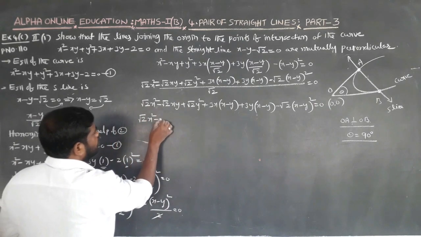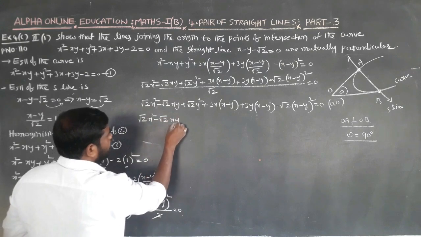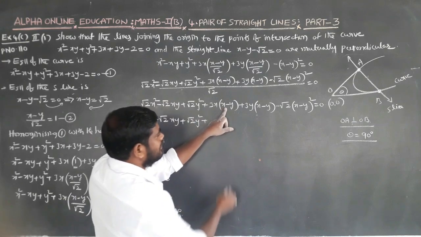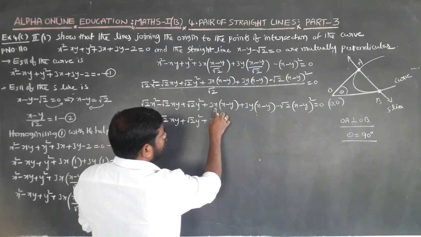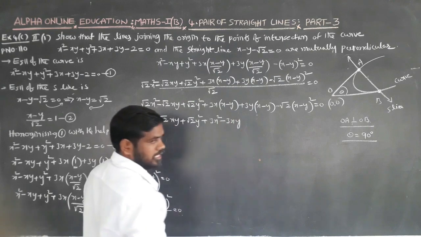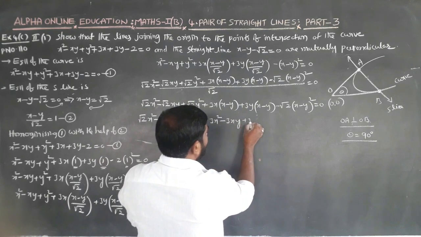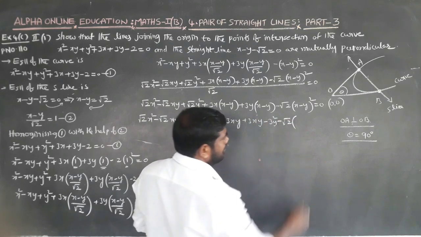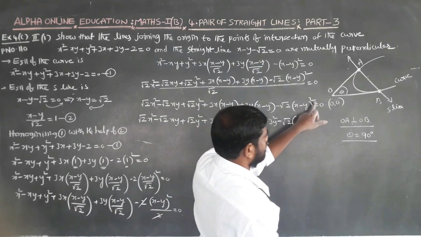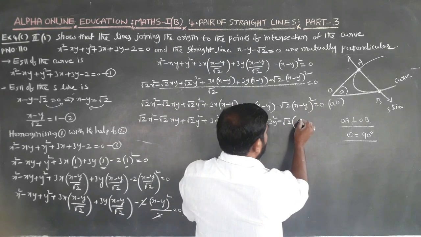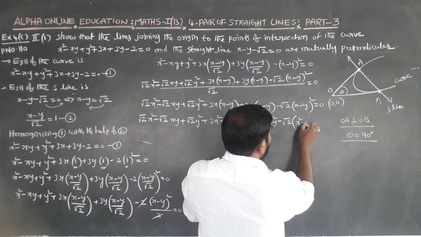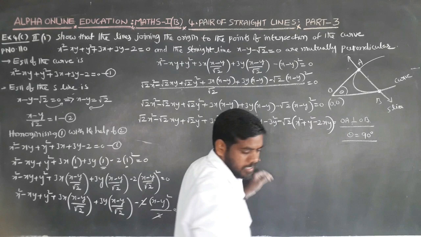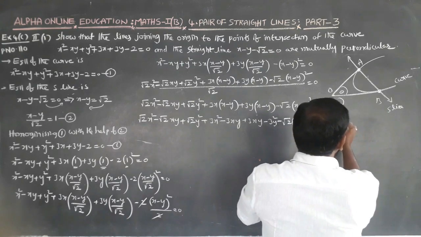Simplifying, root 2x square minus root 2xy plus root 2y square, 3x into x, 3x square, 3x into y, 3xy, 3y into x, 3xy, 3y into y, 3y square, minus root 2 into a minus b whole square. A minus b whole square is equal to a square, x square, plus b square, y square, minus 2ab, is equal to 0.